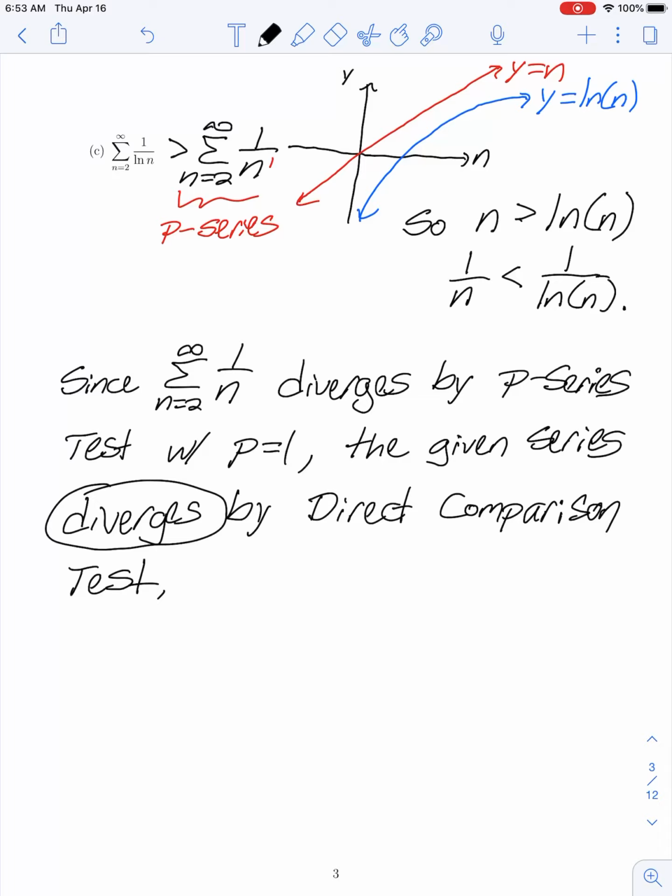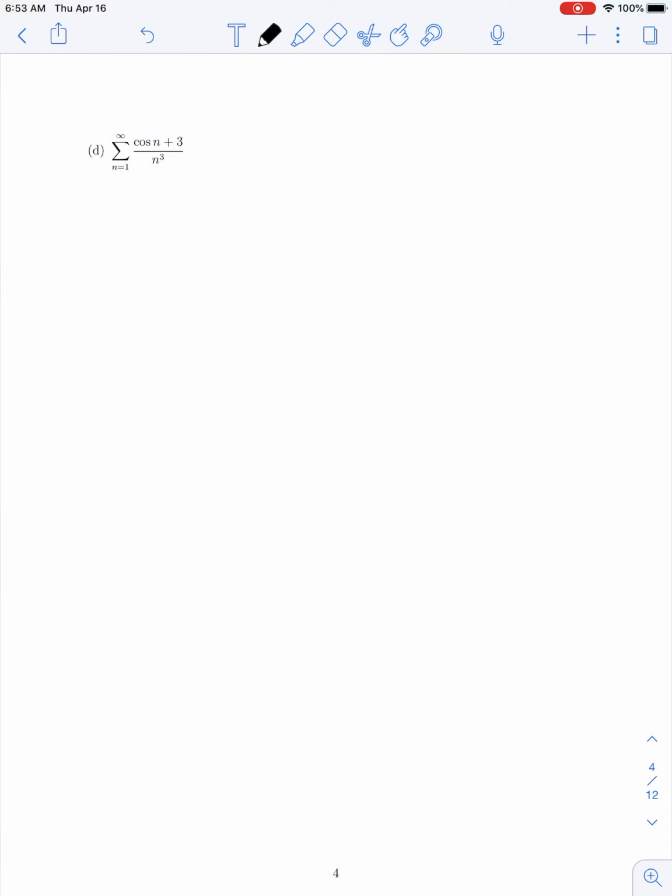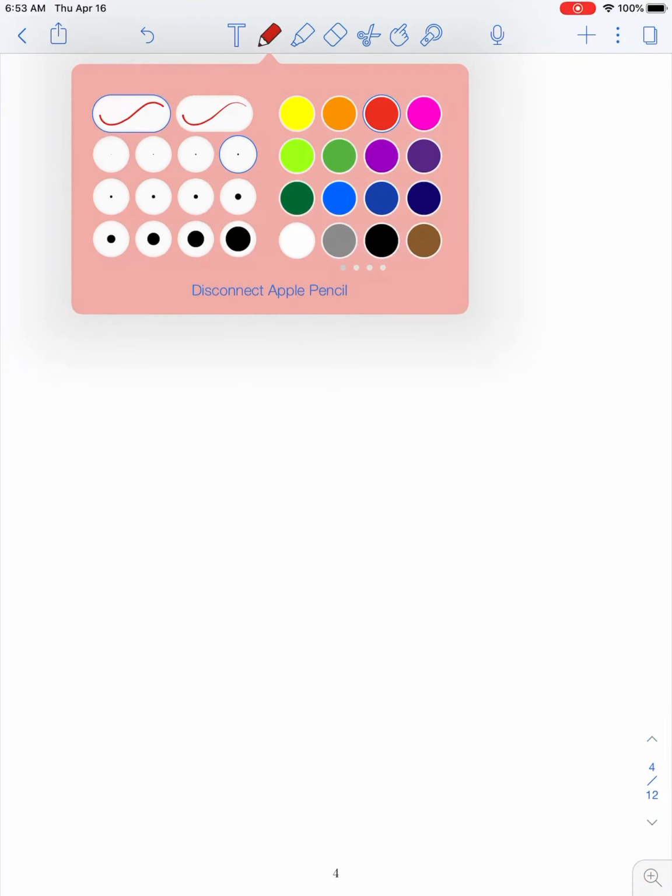So let's look at some other ones. In this next example, part D, we've got the sum from 1 to infinity of cosine n plus 3 over n cubed. So when we look at this one, we see it's pretty close to a p series. It looks almost exactly like 3 over n cubed.